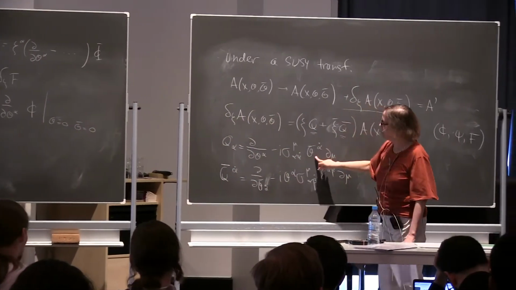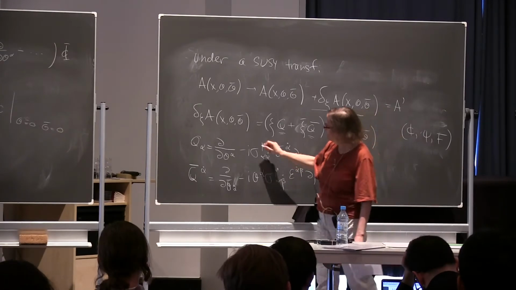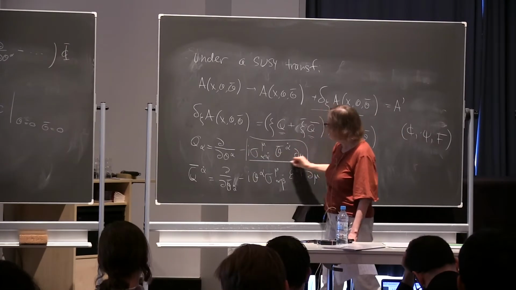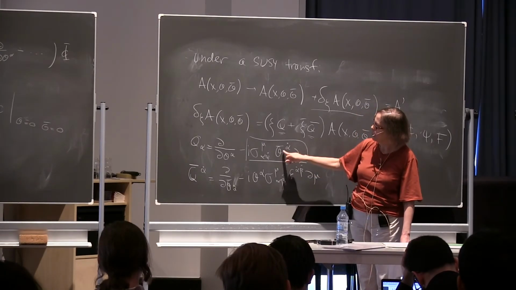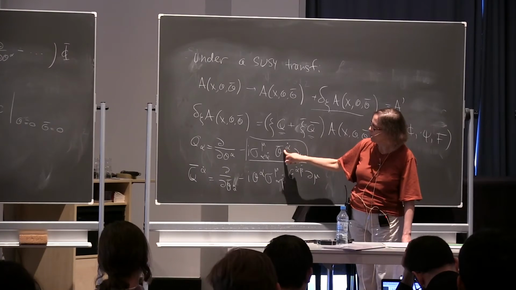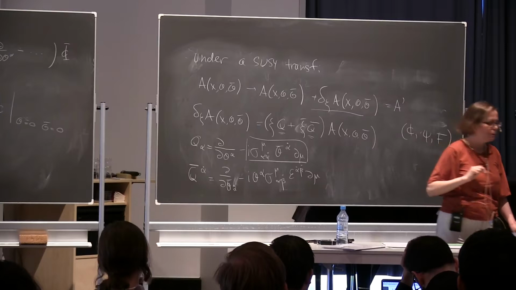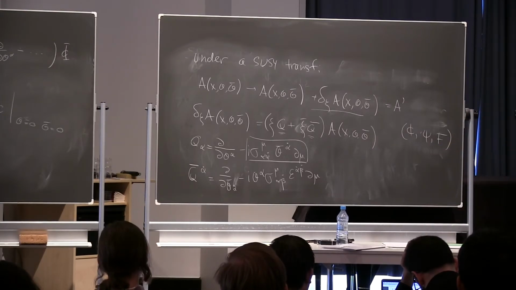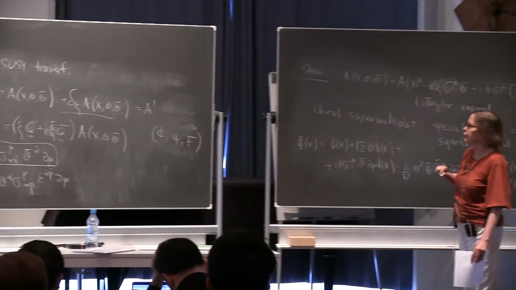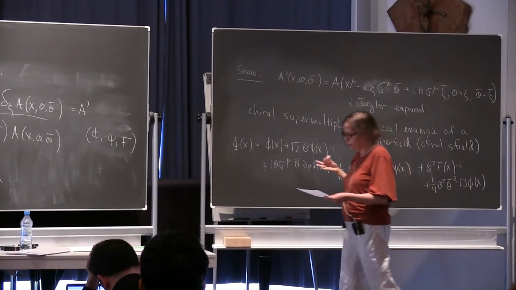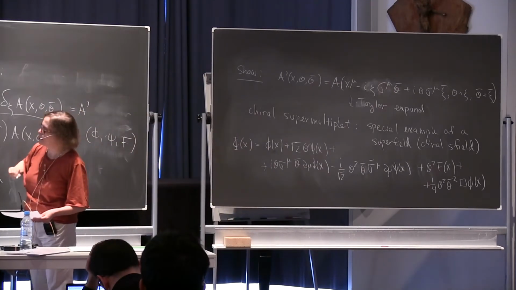Then there's also this piece. So now I should look at the contribution coming from this part of the q. I should take a derivative with respect to x and multiply with a theta bar and keep the stuff that doesn't have any thetas. You'll see that there's nothing that will contribute here because there's always going to be a theta bar here.